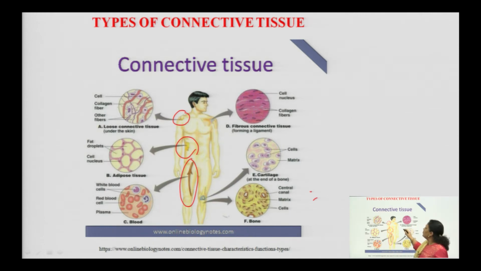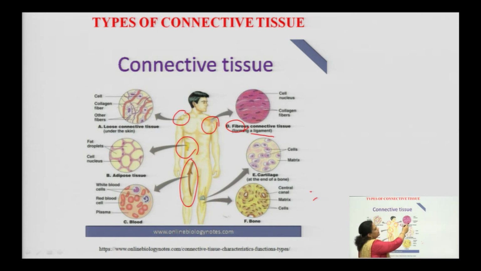Now, coming to the fourth connective tissue, that is fibrous connective tissue. As the name depicts, the fibers are there. This type of connective tissue basically forms the ligament. You will see here, just below or above the bone structure, we have fibrous connective tissues.